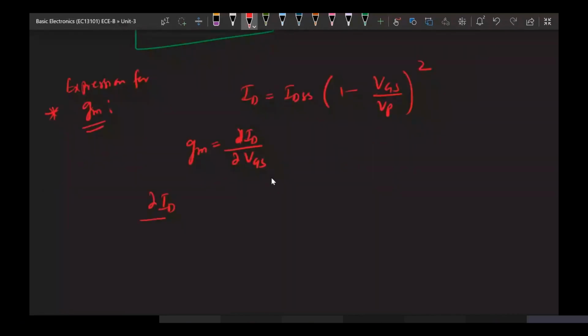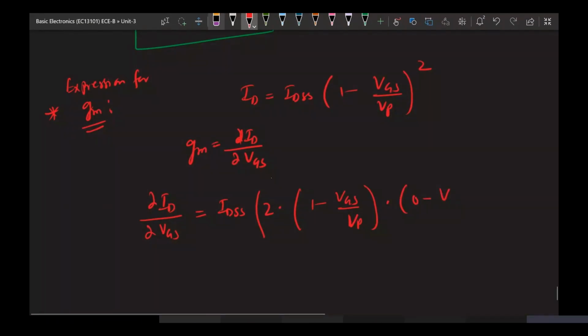So del ID by del VGS will be given by IDSS times 2 times (1 minus VGS by VP), and then the differentiation of the bracket gives 0 minus 1 by VP.